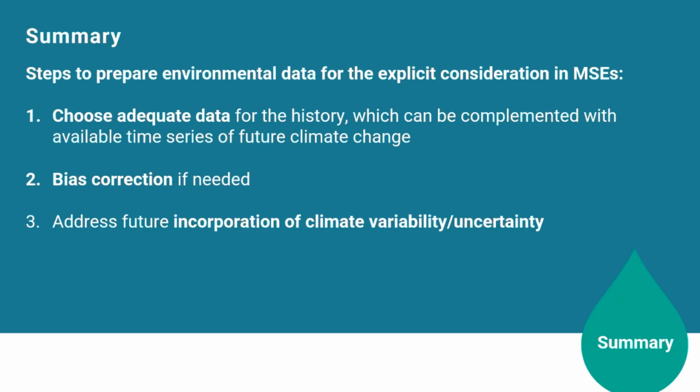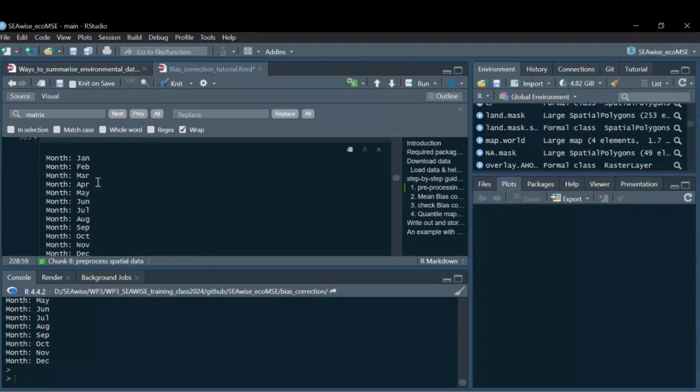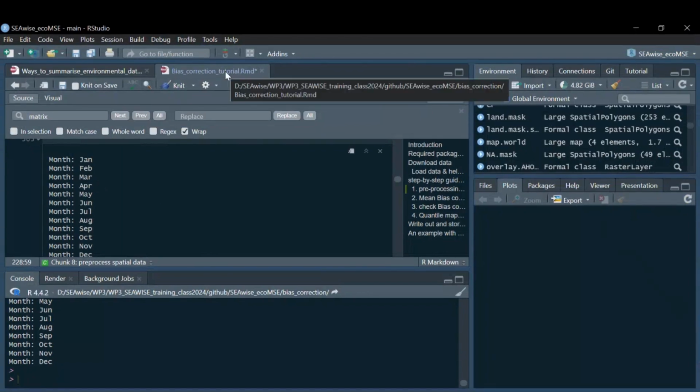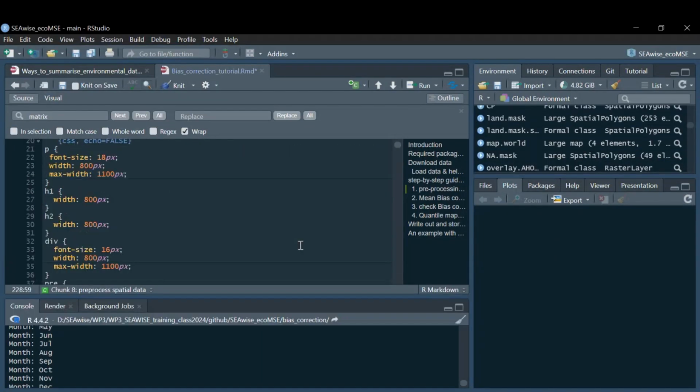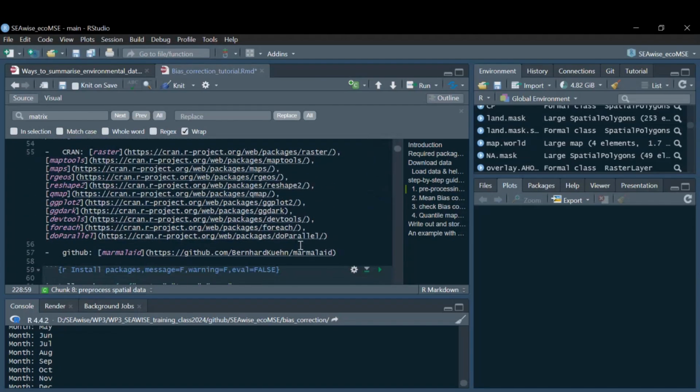Otherwise, let's move on and go to the practical. So yeah, the practical you find also on the SharePoint. It's called bias correction tutorial, and there's also another one called B-bar. This tutorial is rather computationally intensive because calculating the quantile maps takes a bit of time to do for each grid point.